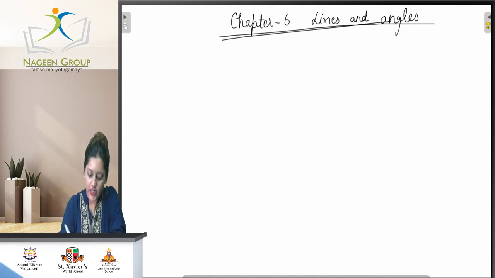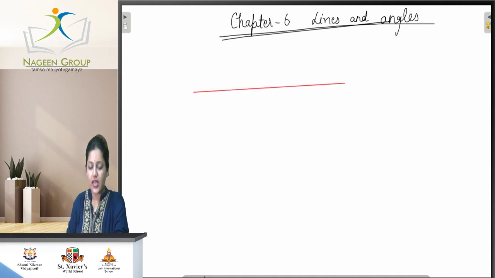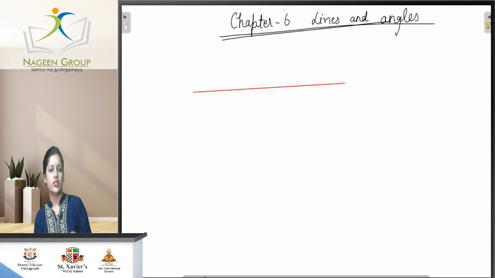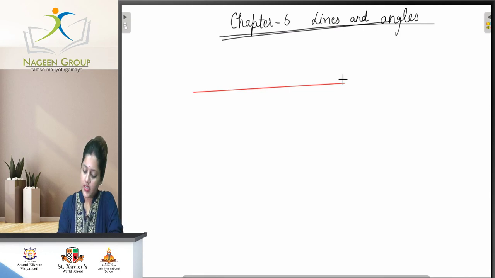So the first point is, what is a line? This is a line. As we have learned earlier also, but now this is our new class. A line increases infinitely, it can increase from both sides, it doesn't have any fixed point.